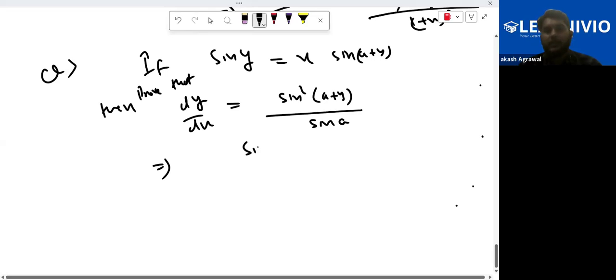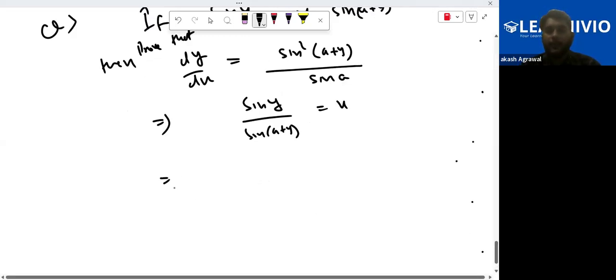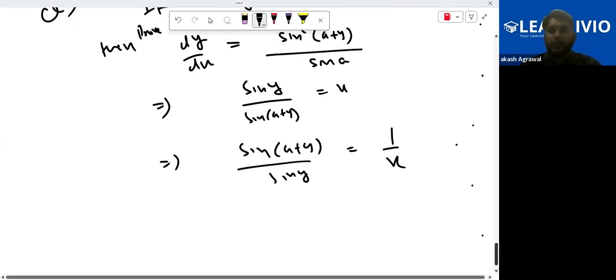So we can find sin y upon sin a plus y is equals to x. Actually, let's reciprocate this. So we have sin a plus y upon sin y is equals to 1 upon x.